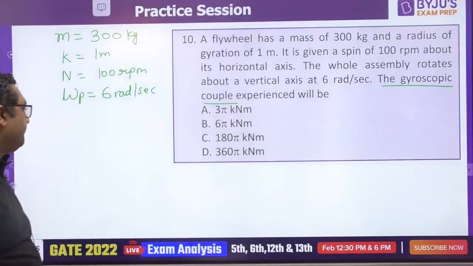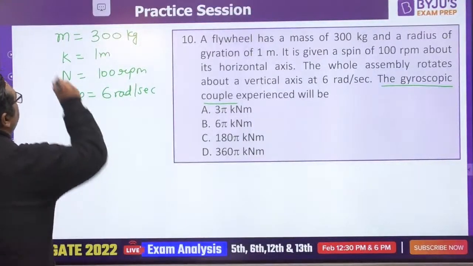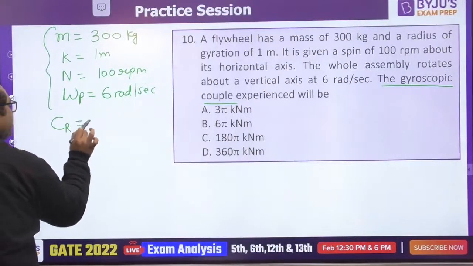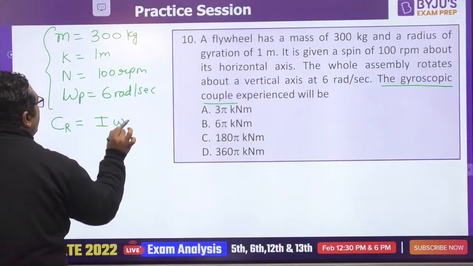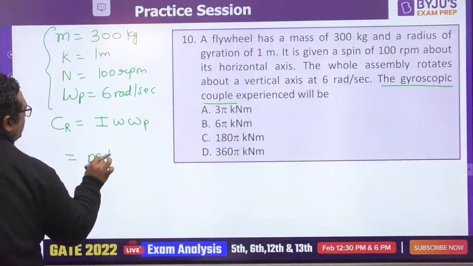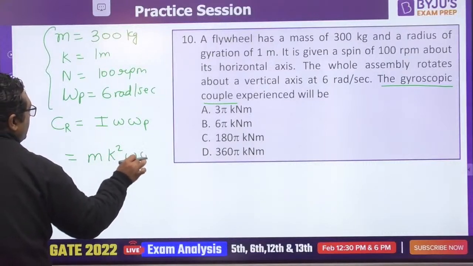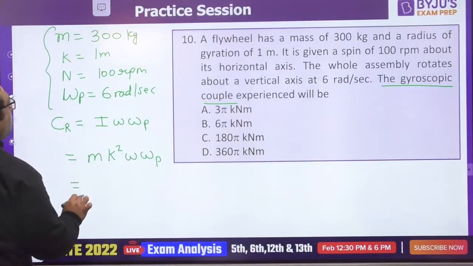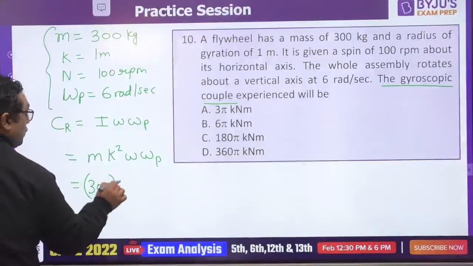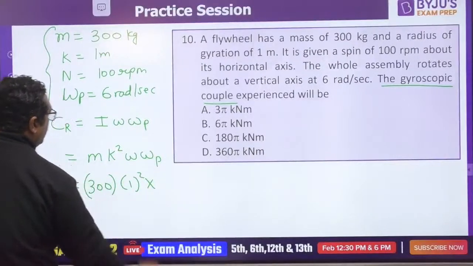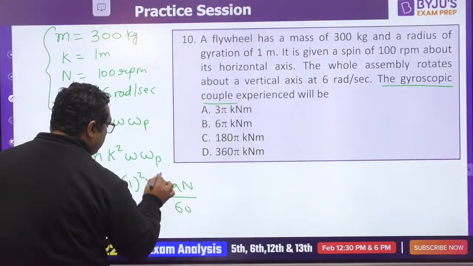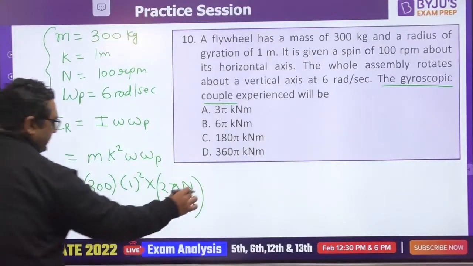Very good, guys. So if you would be solving this, you know gyroscopic couple is given as I omega omega p. I is mk square, omega omega p. 300 kg, k is 1 meter, 2 pi N by 60, omega p is 6.